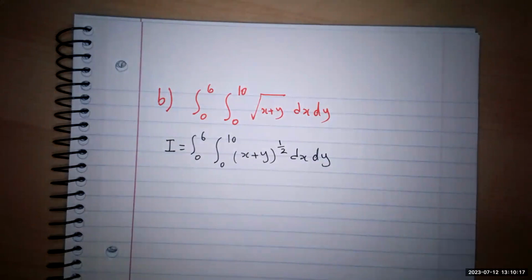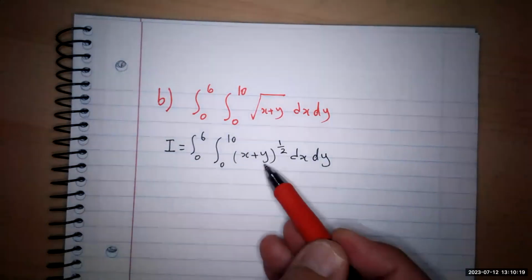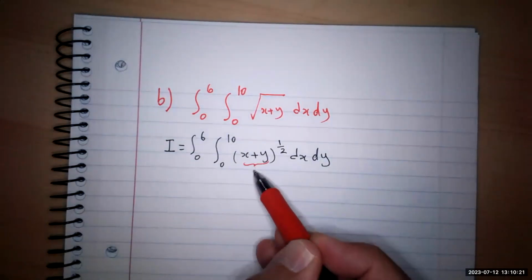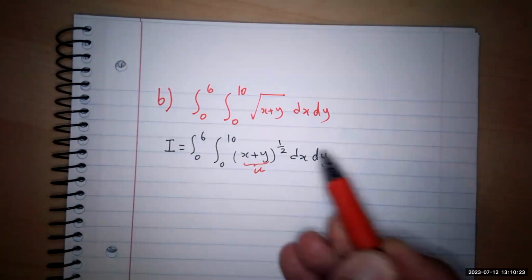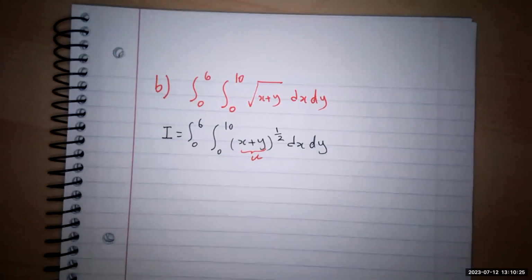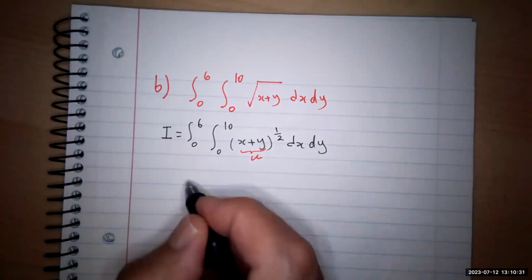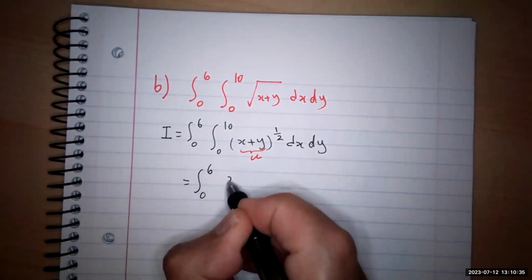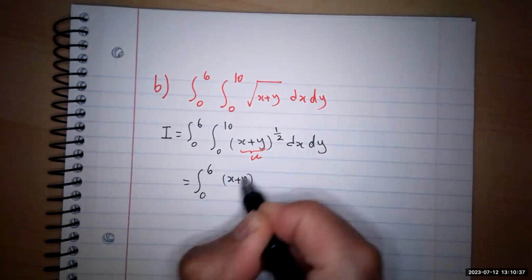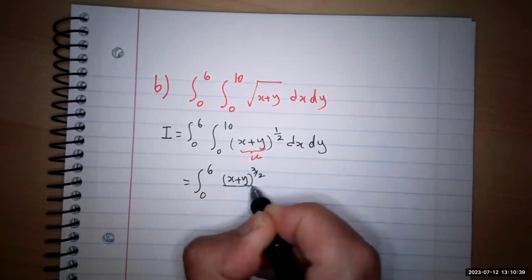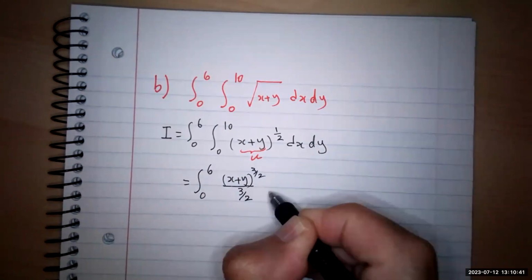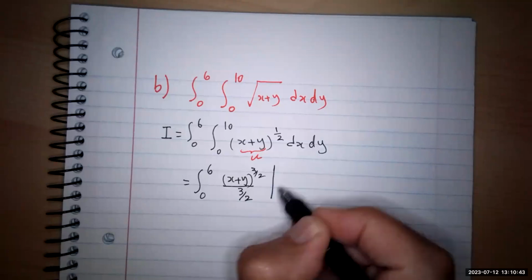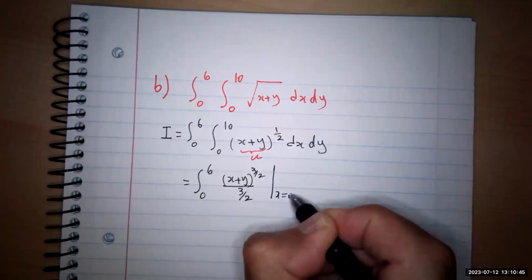So this is easy to integrate with respect to x. You know that for the u substitution, the u prime is 1, so you don't have to do anything. You just raise it to the 1/2 and you'll be fine. So it's going to be 0 to 6, x plus y to the 3/2 over the 3/2, with x going from 0 to 10.